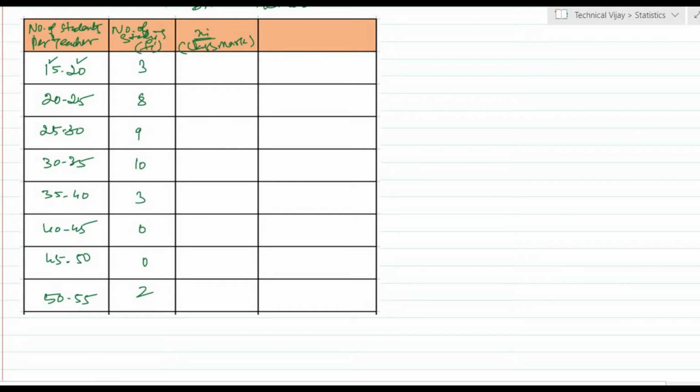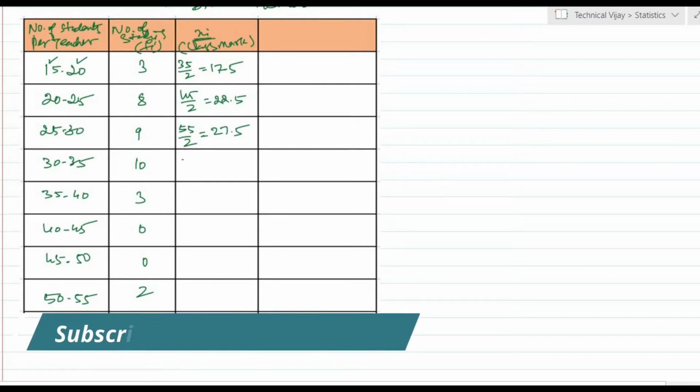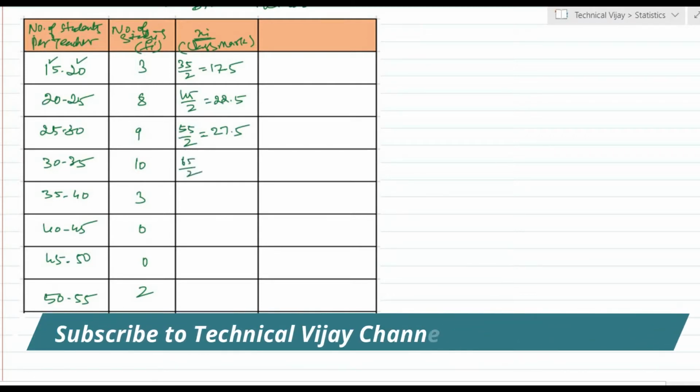That is 20 plus 15 divided by 2, that is 35 by 2, which is equal to 17.5. And here 45 by 2 is equal to 22.5. And 55 by 2 is equal to 27.5. And 65 by 2 is equal to 32.5.